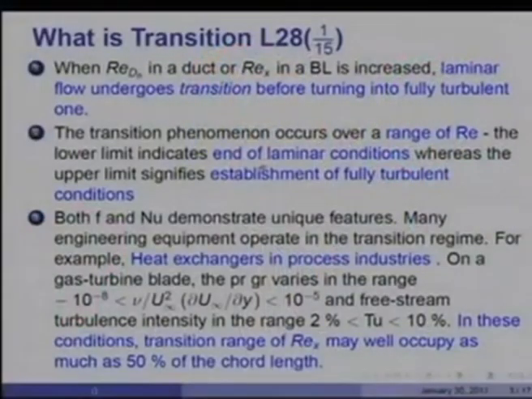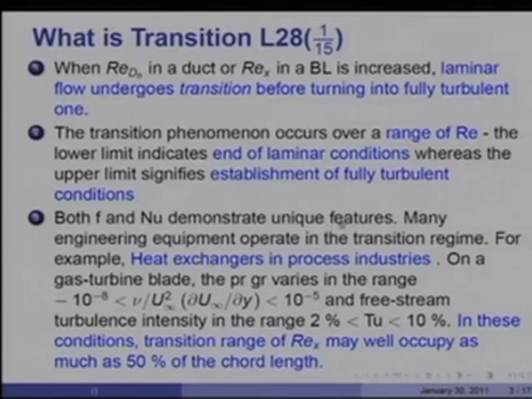The lower end of the range of Reynolds number indicates end of laminar conditions, whereas the upper limit of the range signifies establishment of fully turbulent conditions, and both f and Nu demonstrate unique features in the transitional layer.